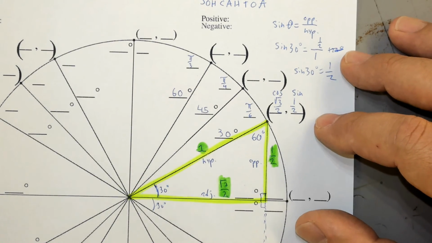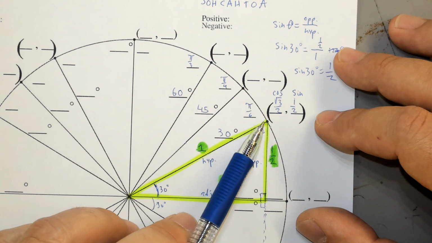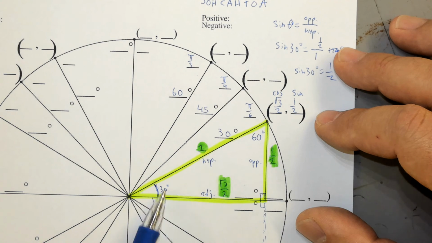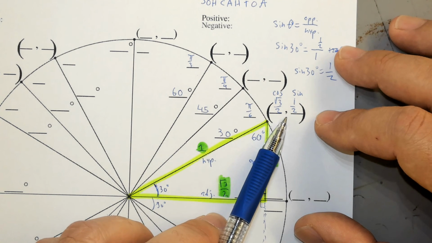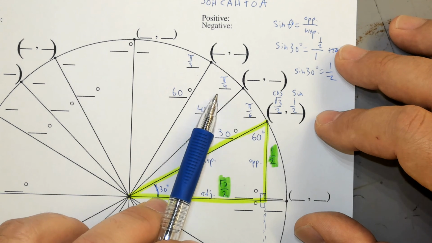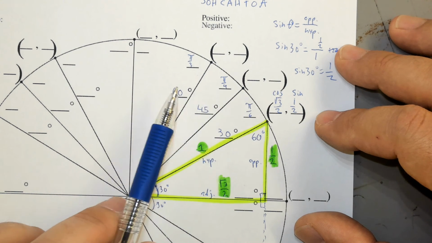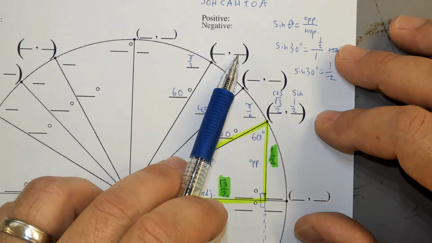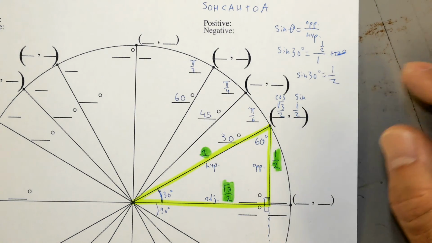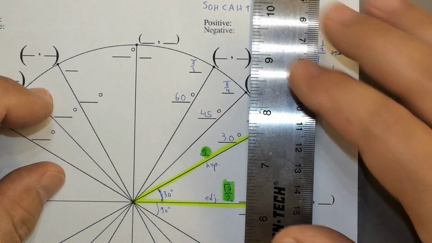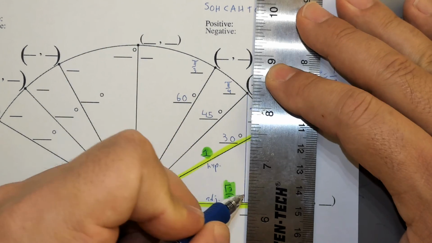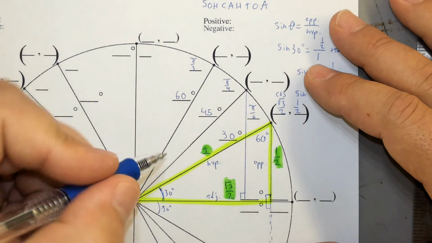Okay? So now, I walked you through the process of coming up with the components for 30 degrees. Now I want you to go ahead and do the components for 45 degrees, or pi over 4, and I want you to come up with the components for 60 degrees, or pi over 3. Okay, and to get you started with that, you're probably thinking, well, what do I do? Do the same thing. Come up with your triangle, and now instead of 30, this is going to be what?